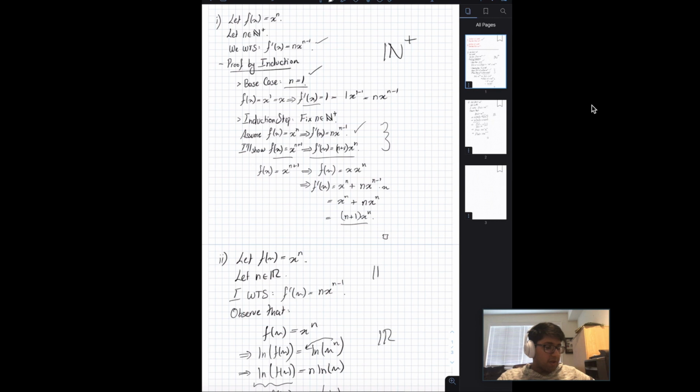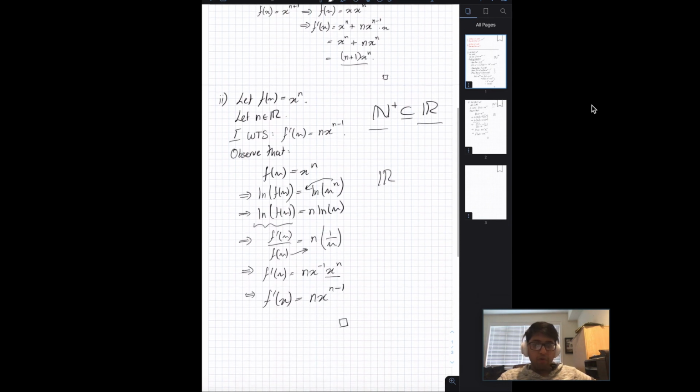And since the set of all positive natural numbers is a subset of the set of all real numbers, anything that is true for all real numbers must also be true for all natural numbers. So you could have just used this method to show that the derivative of x to the power of n is n times x to the power of n minus 1.